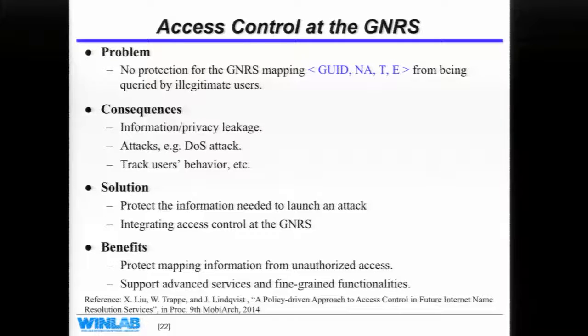That opens a door for attacks and exploits, and that is the issue we want to address. We believe that if we can restrict malicious access to the information that is needed to launch an attack, then we increase the difficulty for an attack to be launched.